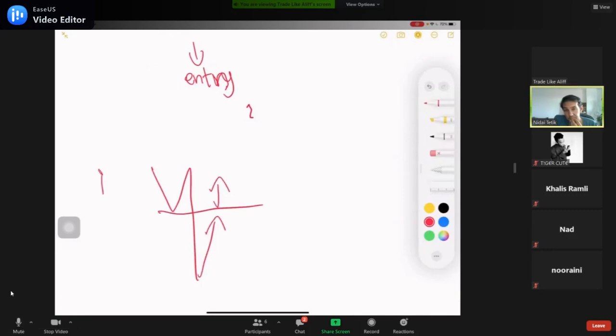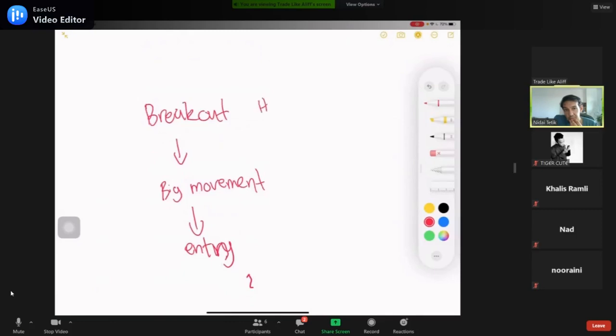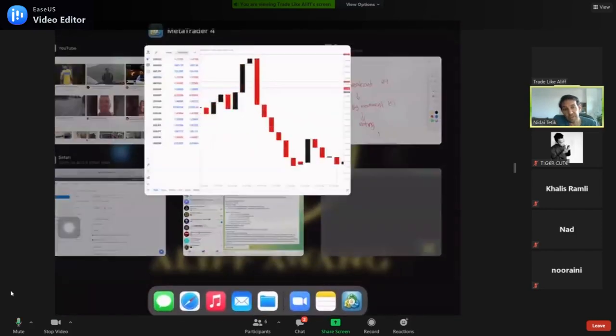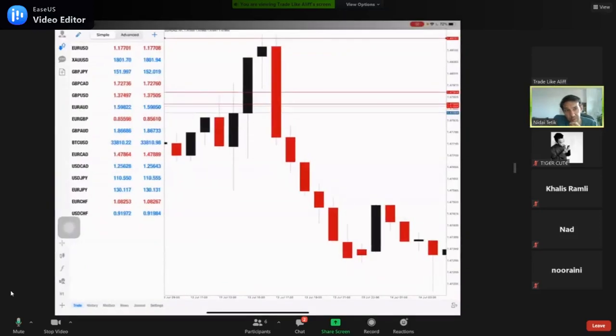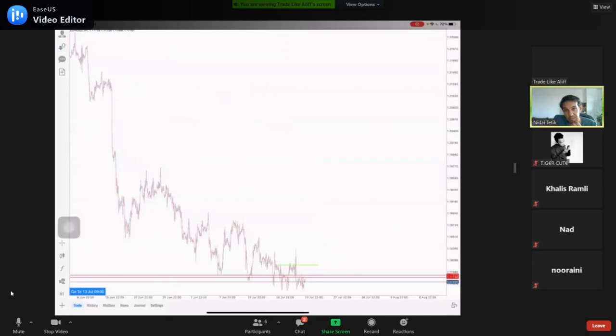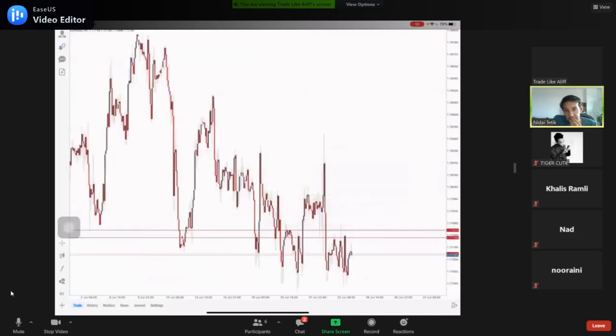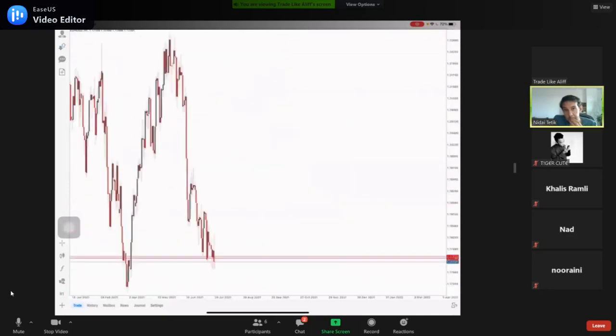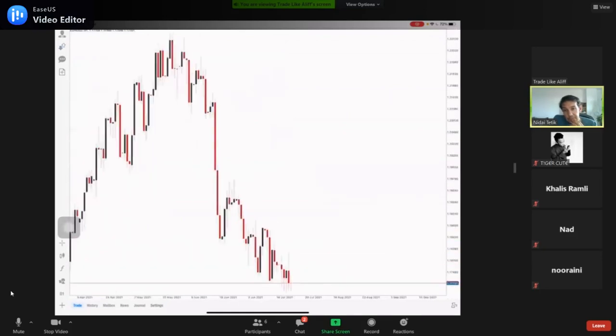One time frame lower. Breakout H4, big movement H1. Breakout daily, big movement H4. So when, like this. Understand. Okay.